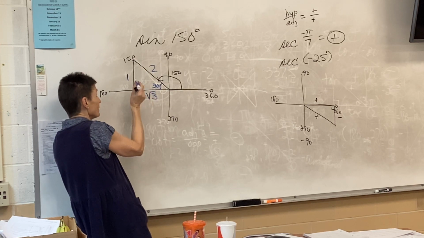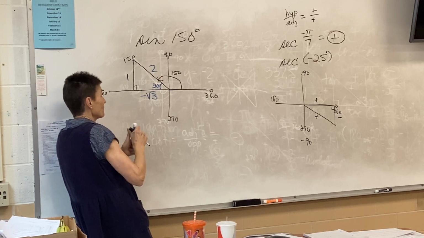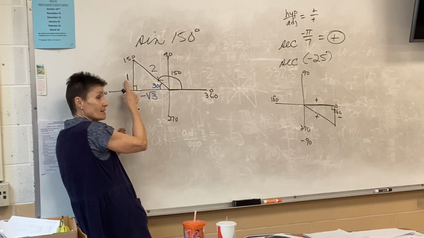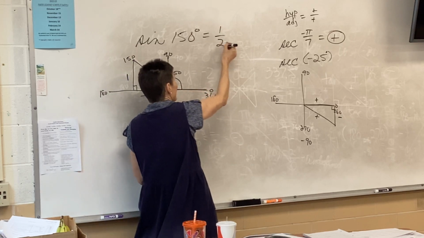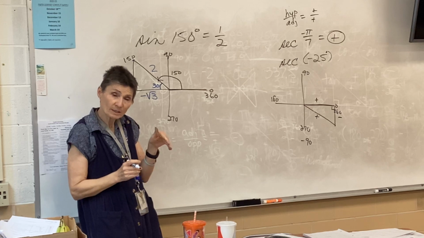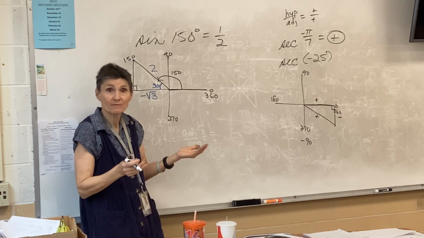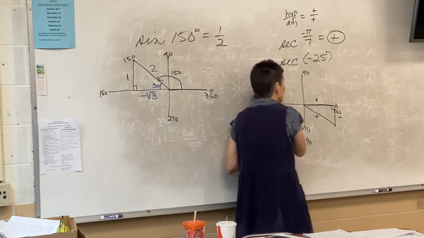So this is negative, that's positive, and that's always positive. Now, I want the sine. Sine is opposite over hypotenuse. The answer to the question is 1/2. So without a calculator at all, you found the sine of 150. I know you could type that in on your calculator, but now you have done it by hand.